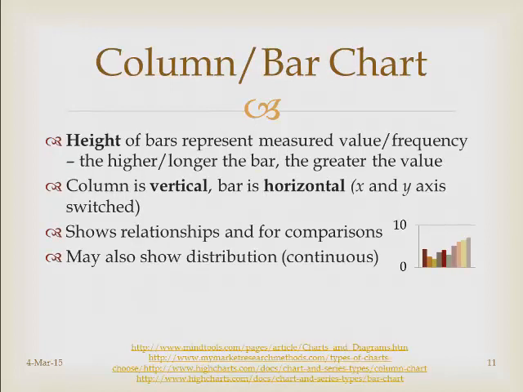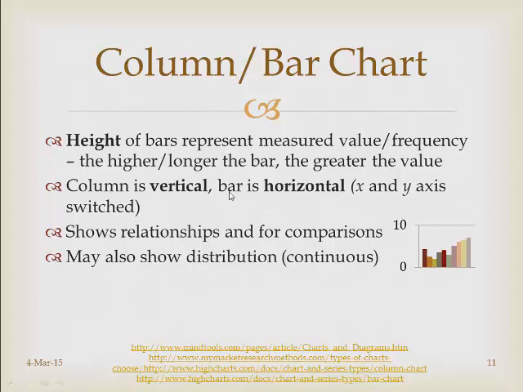All right, a column or a bar chart is a little bit different. Now, the height of the bars will represent the measured value or frequency that you are measuring. So the higher or the longer the bar, the greater the value. Vice versa, the smaller the bar is, the smaller the value. The only difference between the column and the bar chart is a column chart is vertical, where it faces upwards.